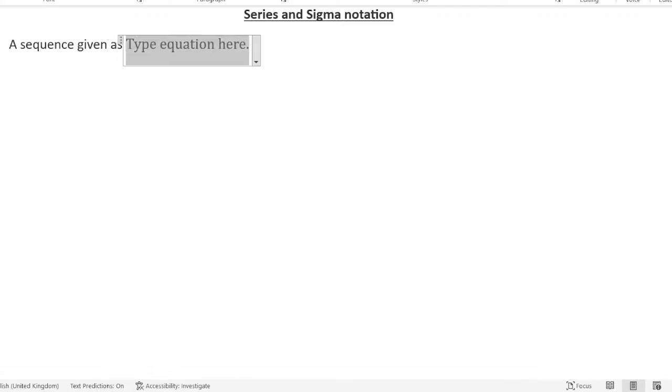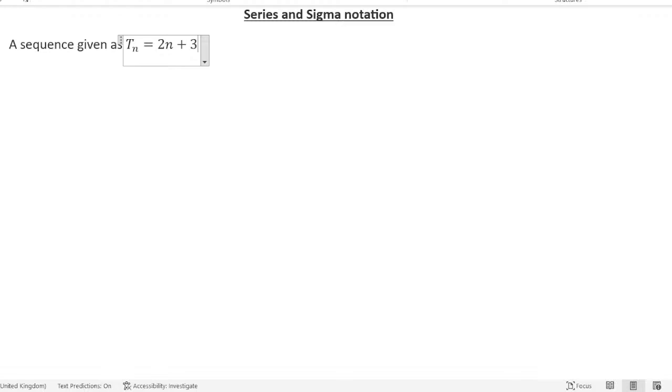So here we have a sequence given as Tn is equals to 2n plus 3.